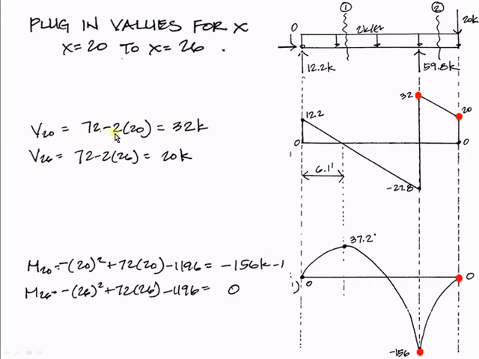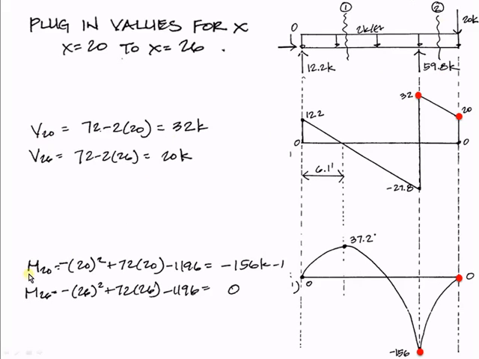Again, we know this is a linear relationship, so we could draw a straight line between them. Notice that these are positive values as well. That's why they're up here. And we're only getting positive values because we're using a consistent sign convention when we're cutting our section and assigning Vx. If we drew it in the opposite direction, then these might show up in different locations.